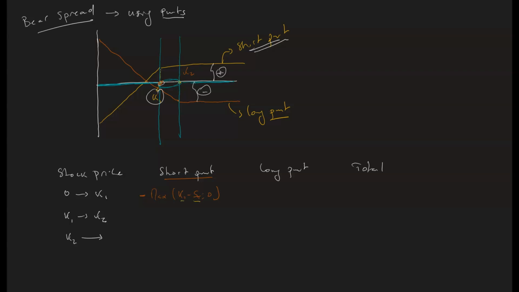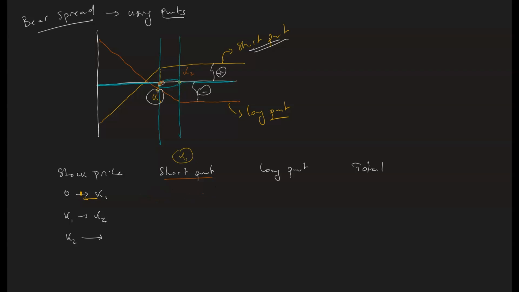So what is the outcome in this one? K1 minus ST. The stock price is between 0 and K1, which means that the difference here is positive, which means that the long put with the strike price of K1 will be exercising the put option. So the payoff in this case is going to be K1 minus ST, but that has a negative value.